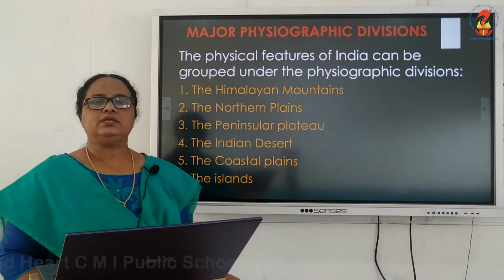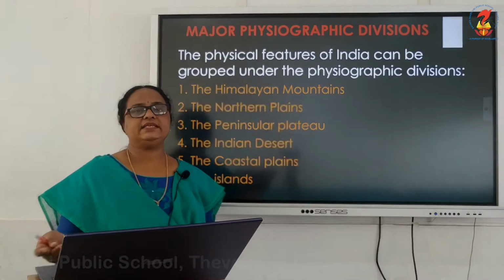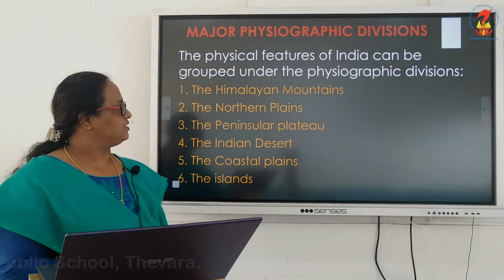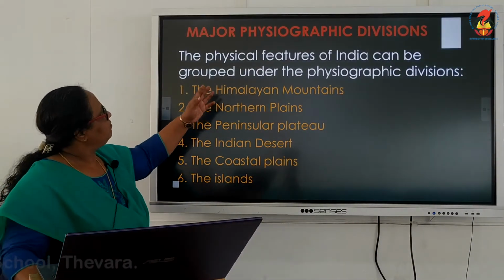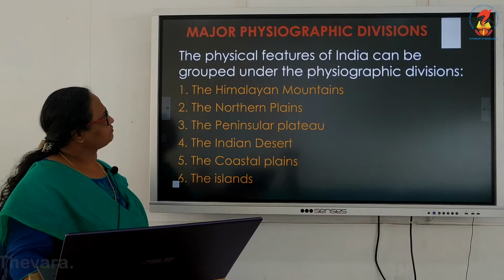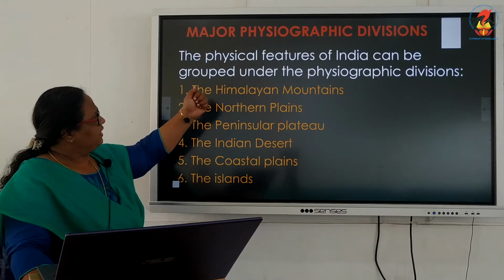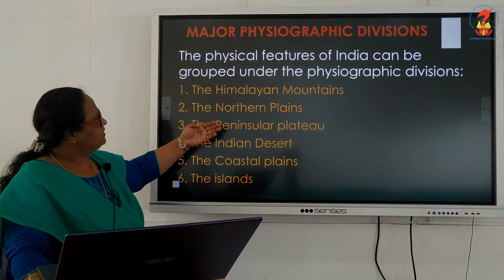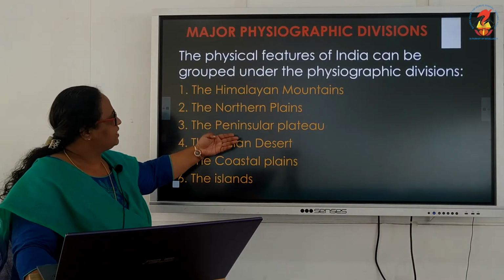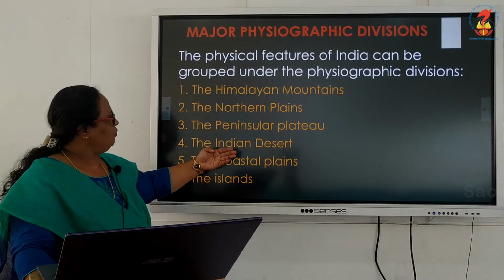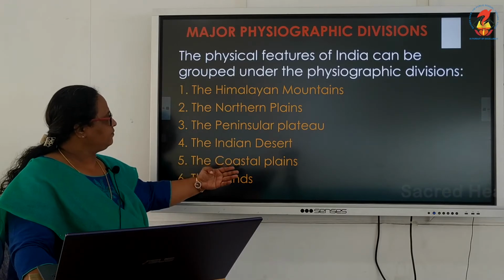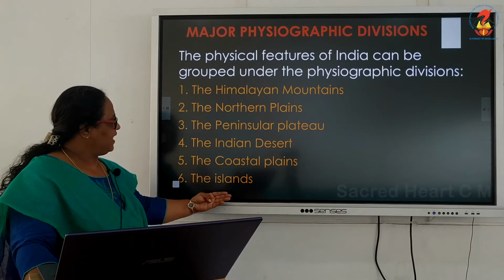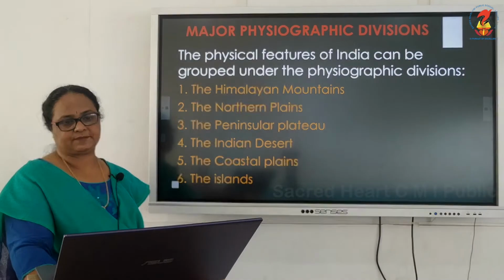Now, the next topic is the major physiographic divisions. The major physiographic divisions of India are grouped under the Himalayan mountains, the northern plains, the peninsular plateau, the Indian desert, the coastal plains and the island groups.